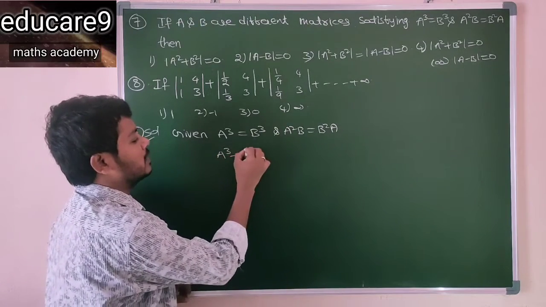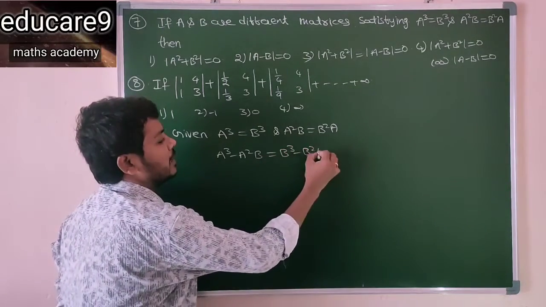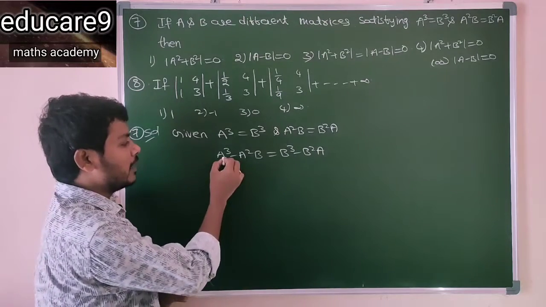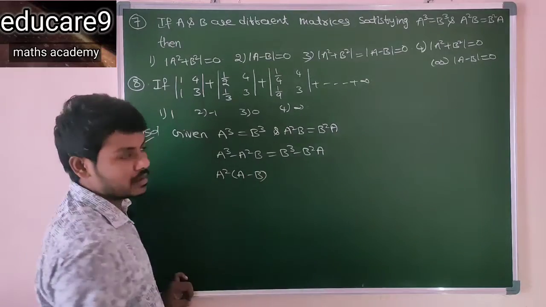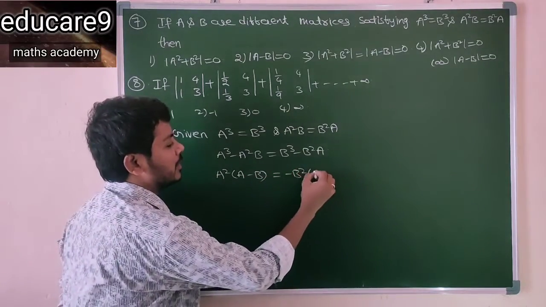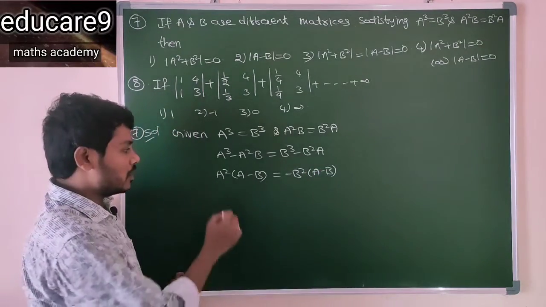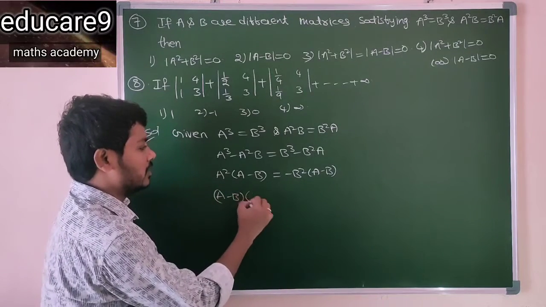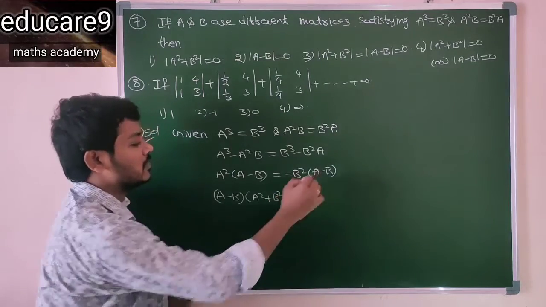A cube minus A square B equals B cube minus B square A. Now here A square is common, you will get A minus B, and here minus B square is common, you will get A minus B. Now A minus B is common, you get (A square plus B square) equals 0.